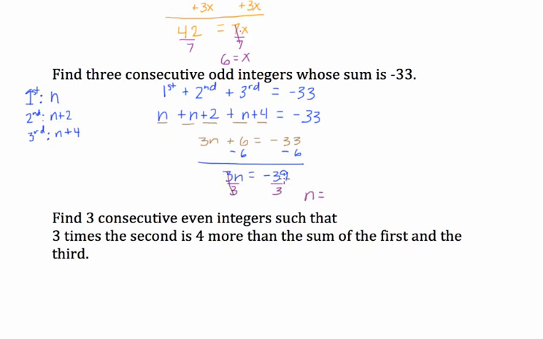N equals negative 39 divided by 3, which is negative 13. So n, the first integer, is negative 13. The second one will be 2 more than that, negative 11. And the third one will be 4 more than the original, or 2 more than this one, negative 9. Those are our 3 integers.